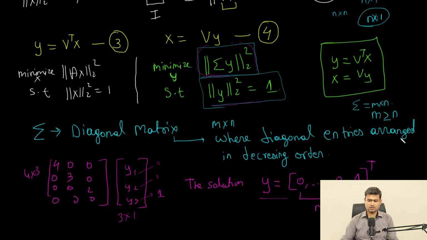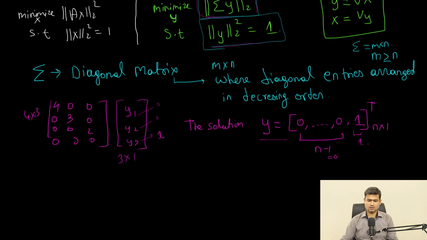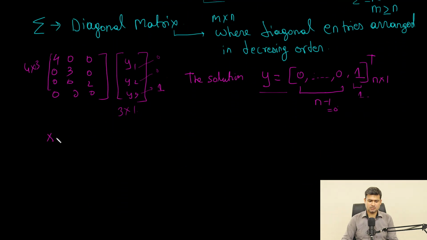Thus, the solution to the original problem is x equal to V times y, where y has the first n minus 1 components as 0 and the last component as 1.